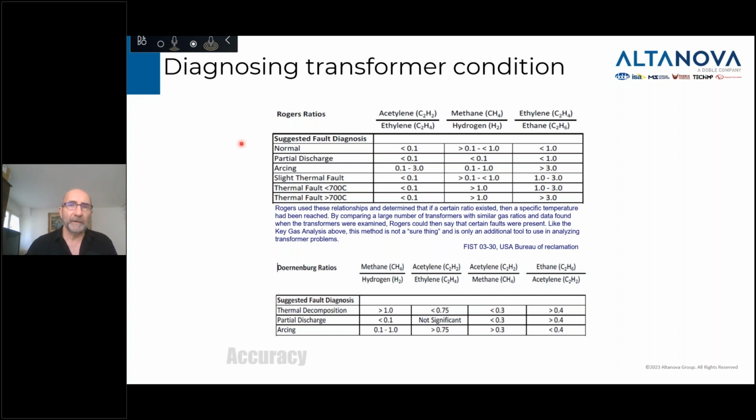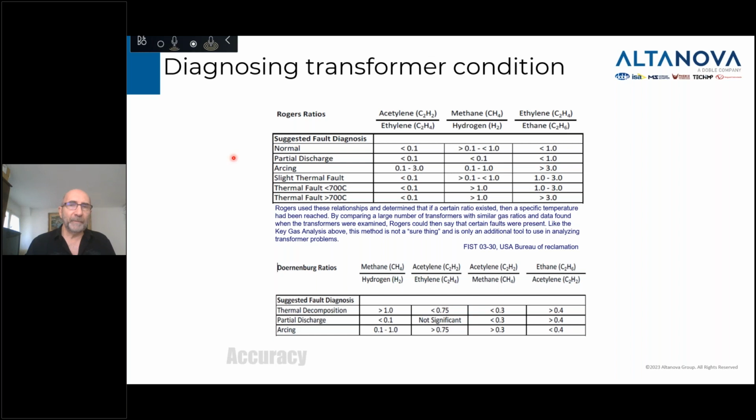Unfortunately, to my knowledge, none of them has been updated for some of the new oils, especially the ester oils that are being used more and more as environmentally friendly oils. But in general, the Rogers ratio, the Duval triangle, and the IEC 60599 gas ratio are the three most used diagnostic tools around the world.